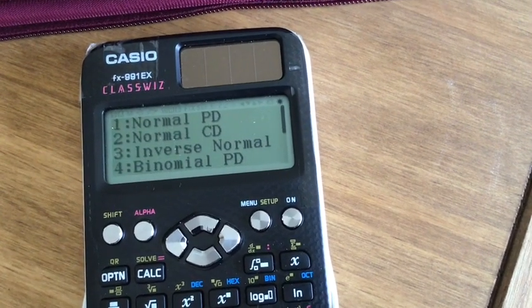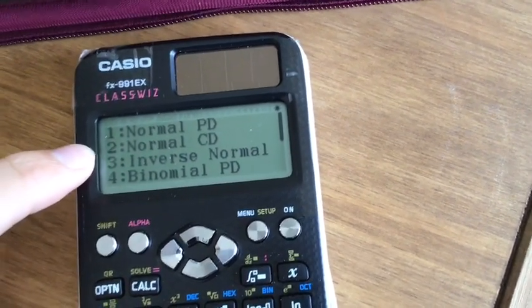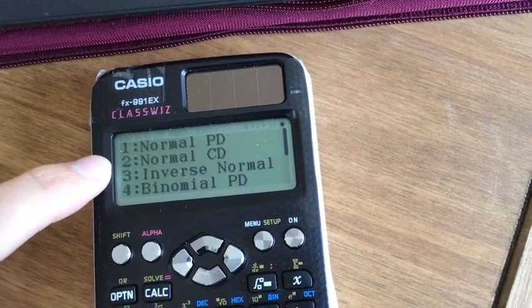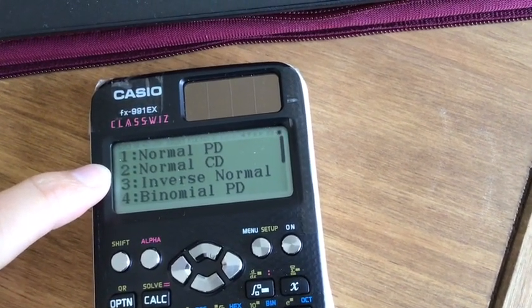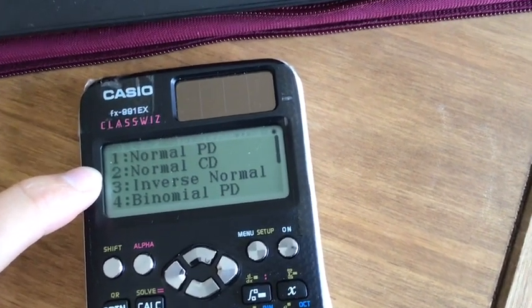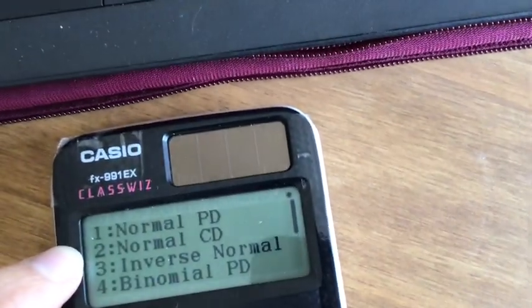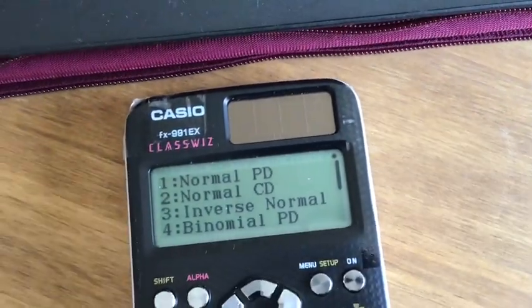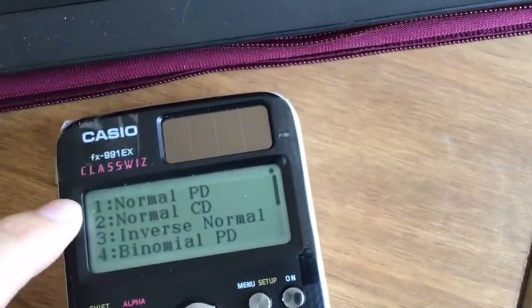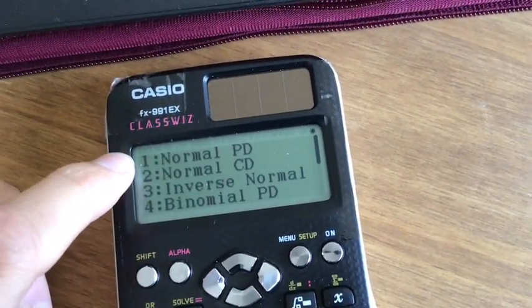We'll just press 7, and then we want normal CD. We always want normal CD, that's the cumulative distribution, because that tells us the probability that something is less than 33, so adding up all those probabilities. So PD is not really useful to any questions you're going to answer.